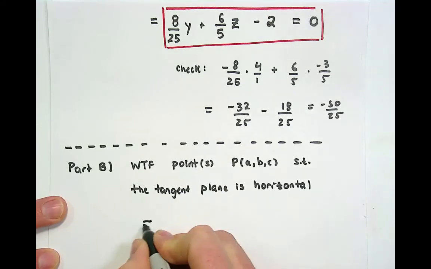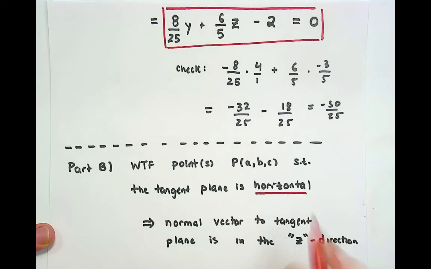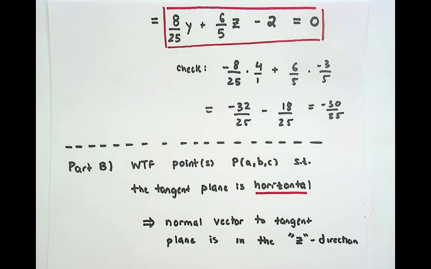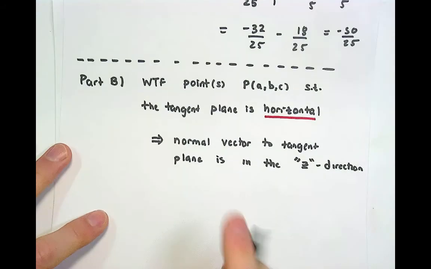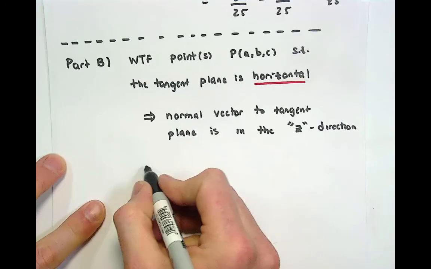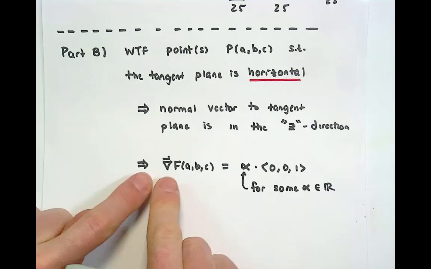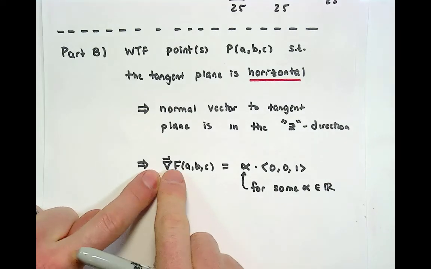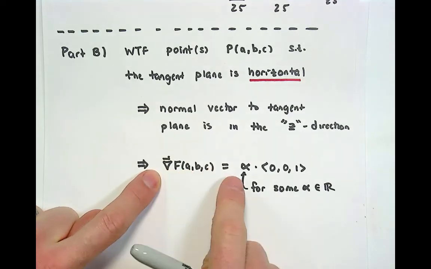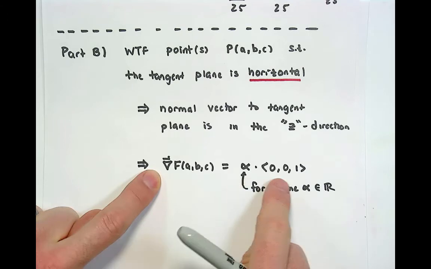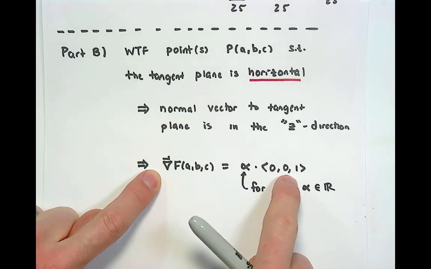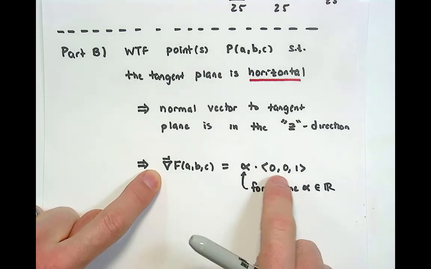In other words, when we say that a plane is horizontal, we mean that the normal vector to this plane is in the z direction. There's yet another way to say that, which is to say that the gradient at the point that we're looking for is some scalar multiple times the vector 0, 0, 1.